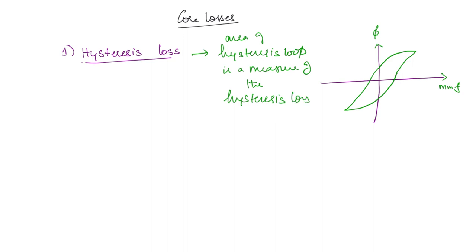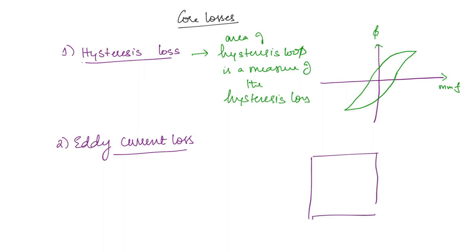Now the next loss is the eddy current loss. Now what happens here is, if you consider the magnetic core, a wire will be wound over it. Okay. Now let's say the wire is carrying an alternating current. When the current is alternating in nature, then the flux is also time varying, right?